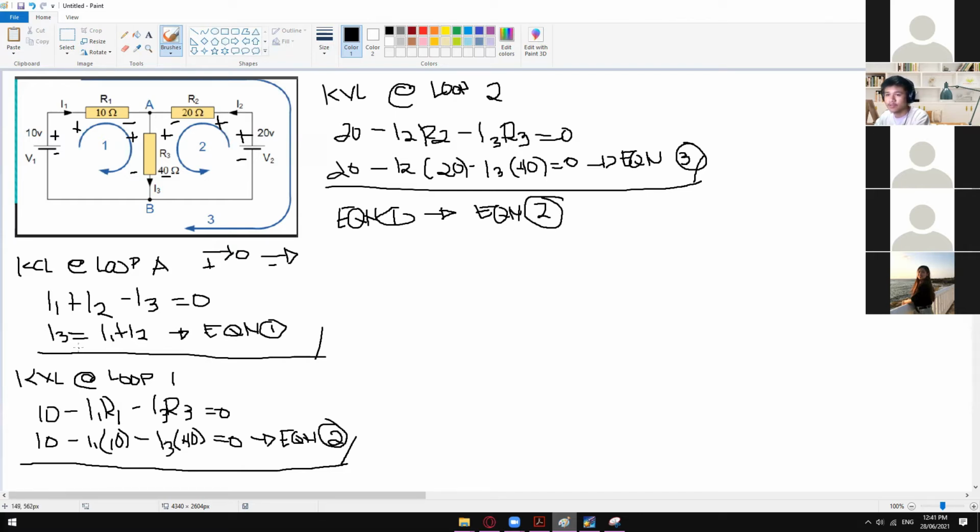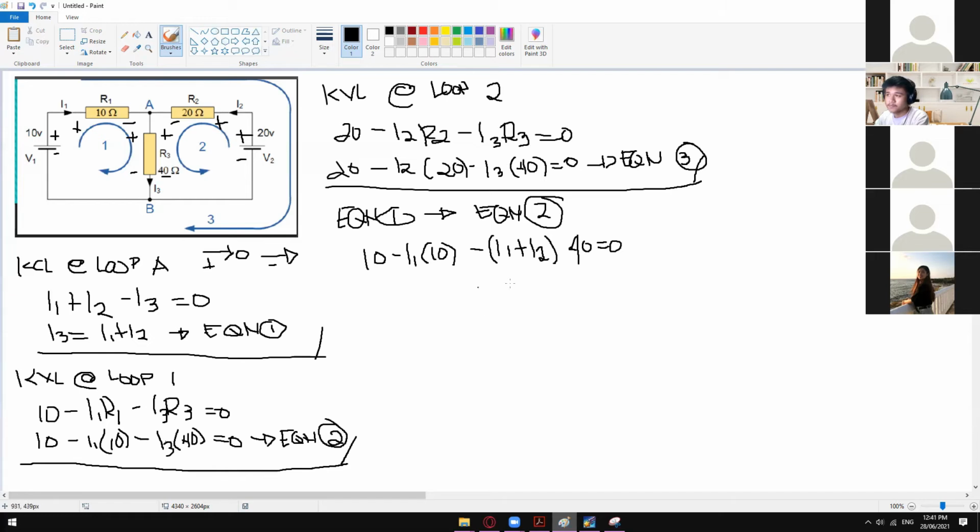We're going to use this one as our value of I3. So 10 minus I1 times 10 minus, so our I3 is equal to I1 plus I2, we're going to use that one, minus I1 plus I2 times 40, equal to 0.